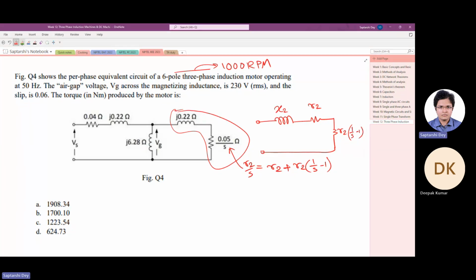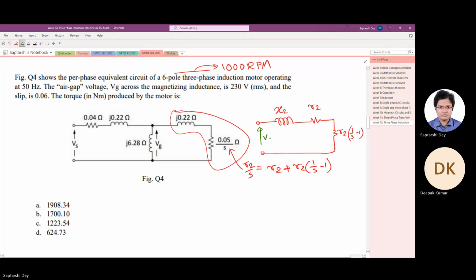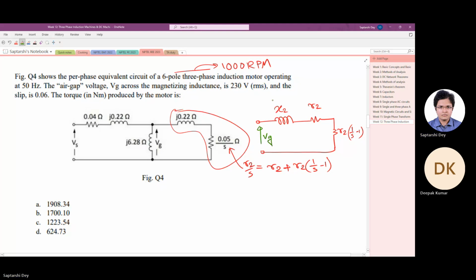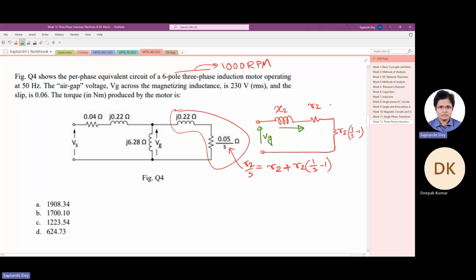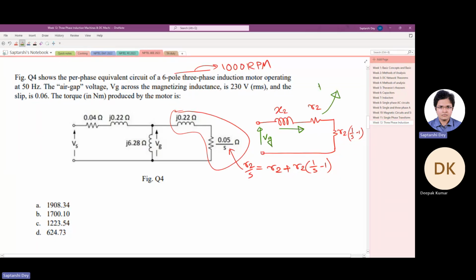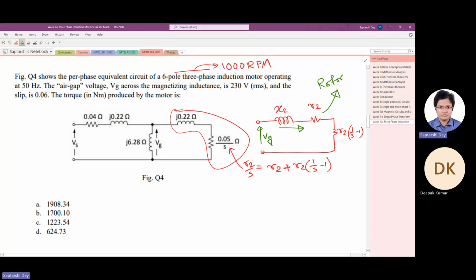So what happens is some current is flowing. This is the rotor equivalent circuit. This is Vg, which is driving some current. Now some current is flowing. This current is causing some loss in this R2, which gives the rotor copper loss.